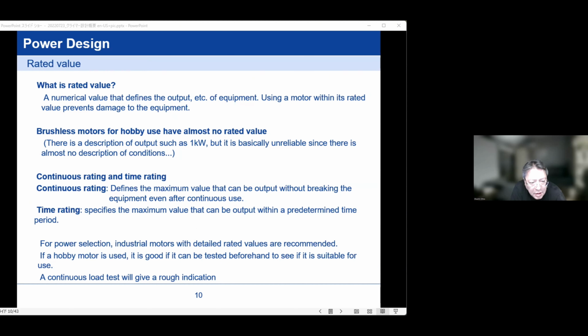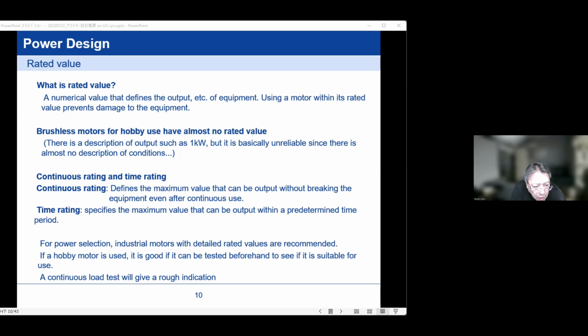However, as I said earlier, there are almost no rated values indicated for hobby brushless motors. You can't know the actual brushless motor characteristics. There are motors that have an output written on them, such as 1 kilowatt, but most of them don't say much about what the conditions are. So basically, I don't think they can be trusted.